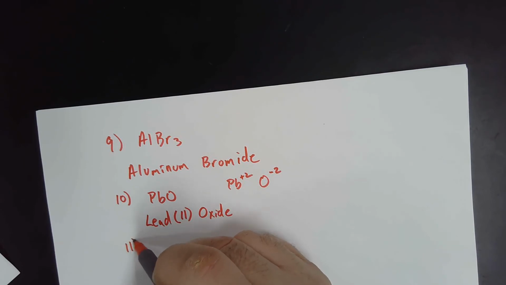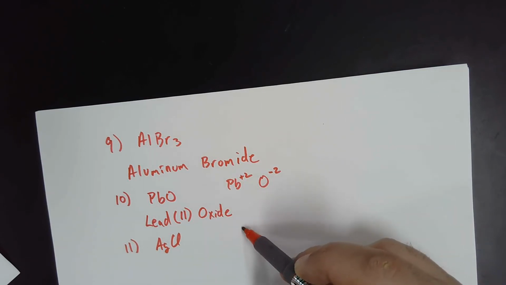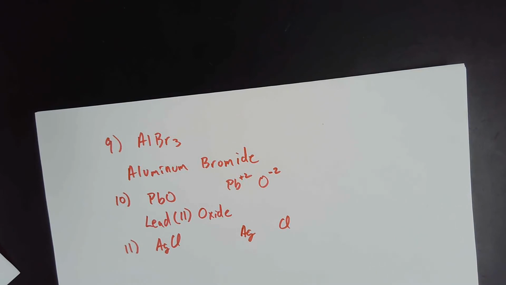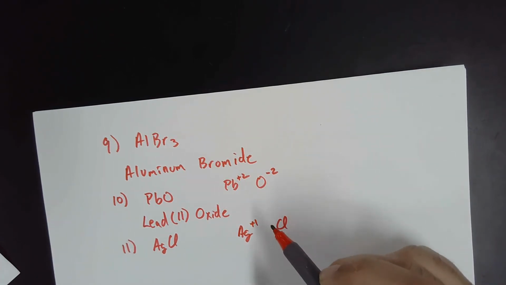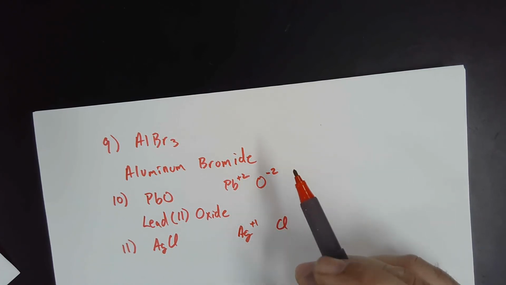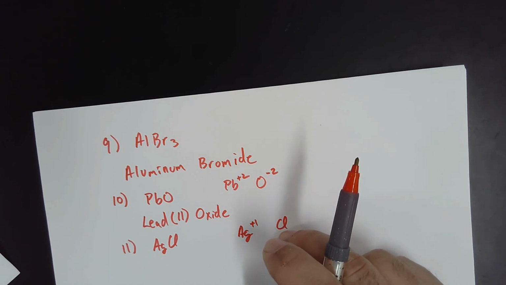All right, number 11 says AgCl. Okay, so Ag and Cl. Do I know the charge of silver? +1. It's a +1. How do we know it's a +1? It's in our little staircase or stealth bomber thing, right? Chlorine is in group 7A.